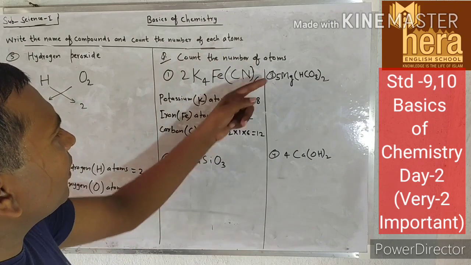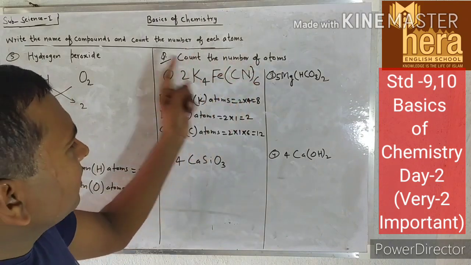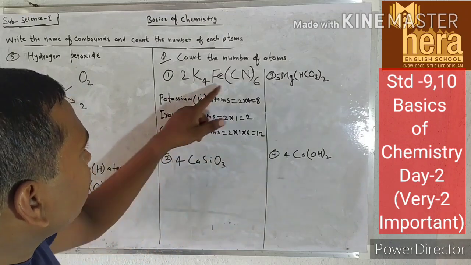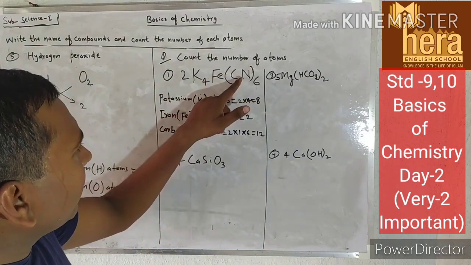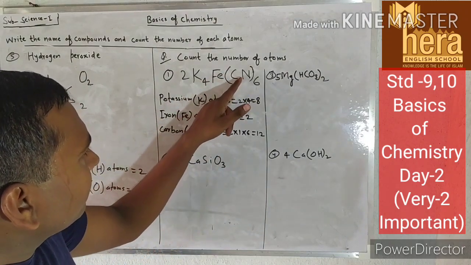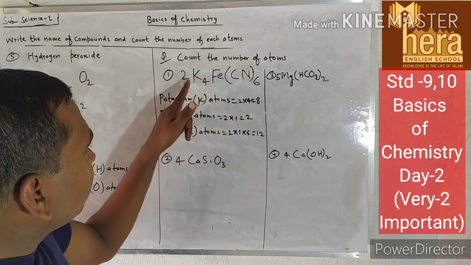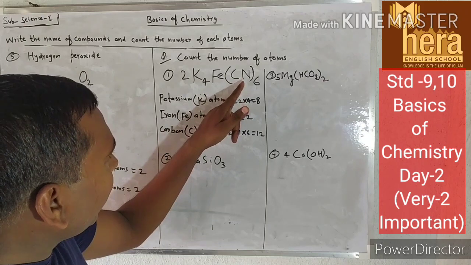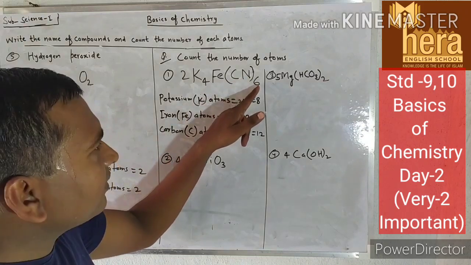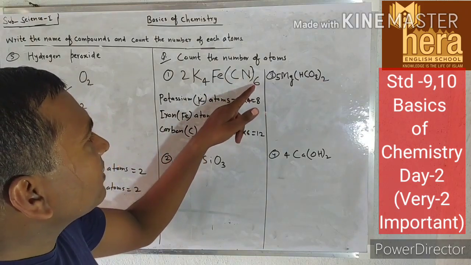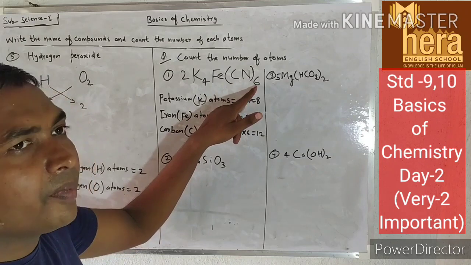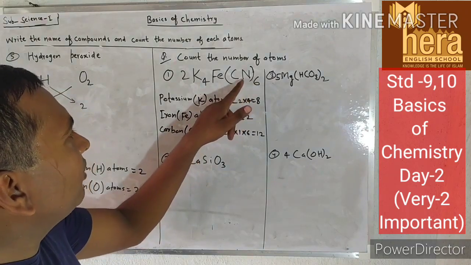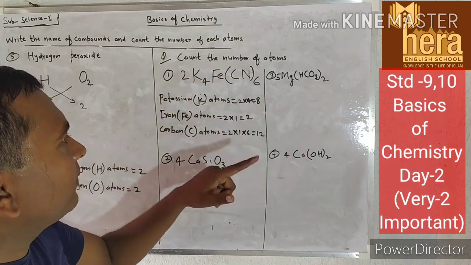So in this compound, carbon atoms is equal to 12. I repeat, see, here is bracket, here is 1, then 2 into 1 into 6, because 6 is outside the bracket, so you have to multiply 6. 6 into 1 into 2, that will be equal to 12.